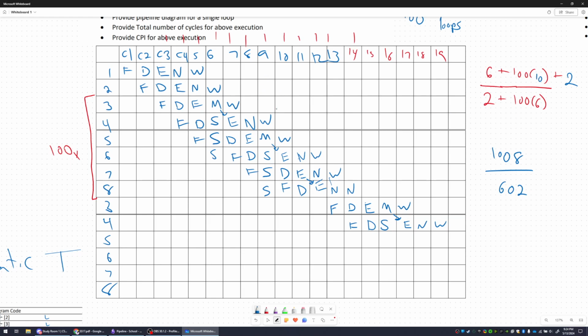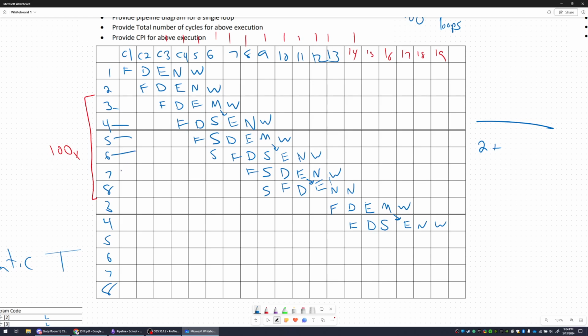So for the equation, if we just go by the fraction, let's do the bottom part first, because that's easier. These 2 instructions don't loop at all. So that's 2 instructions. Plus, there's these 6 lines of code that will loop. So that's 6 times 100.